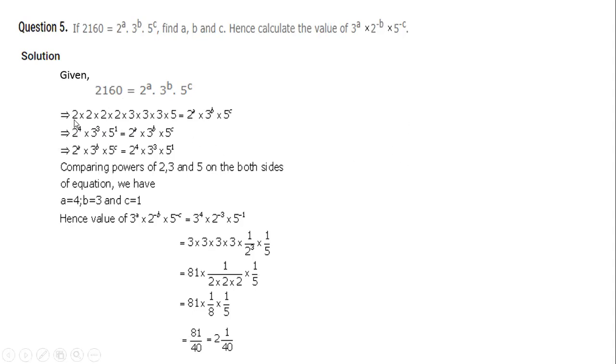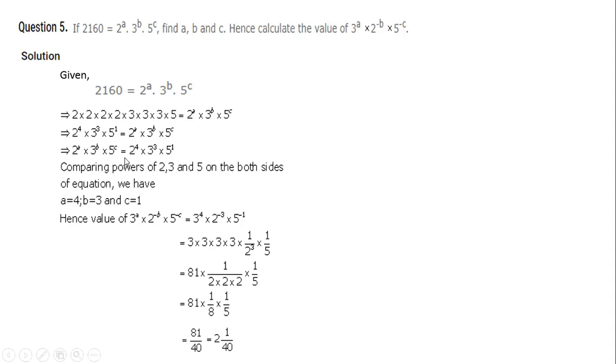After doing the prime factorization, I'm having 2160 as 2 power 4, 3 power 3 into 5 power 1. But here on the right hand side, we are having 2 power a into 3 power b, 5 power c. Equality sign is there, and we all know if bases are same and equality is there, then powers are going to be equal.